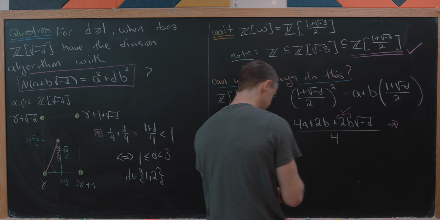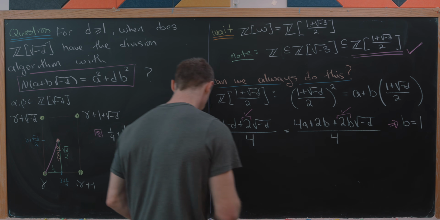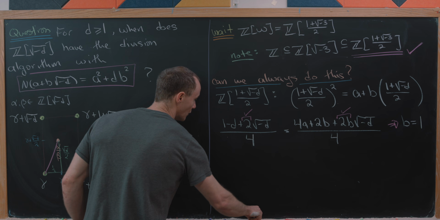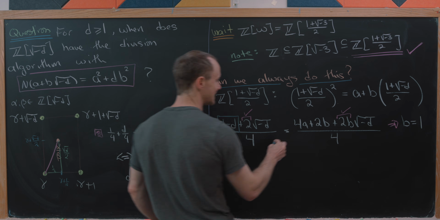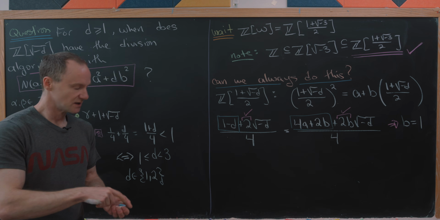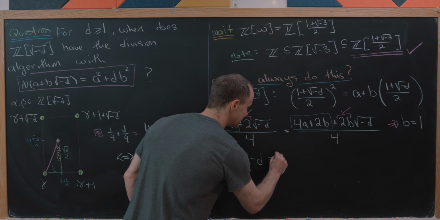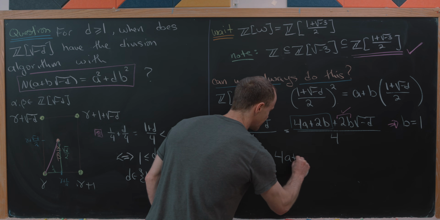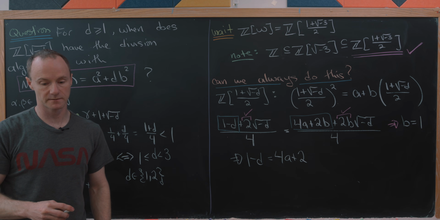So that tells us that we must have b equal to 1. But also we need the real parts to be the same. So we need this 1 minus d to be equal to this 4a plus 2b. So in other words, we're going to need 1 minus d to be equal to 4a plus 2, because we just observed that b had to be equal to 1.